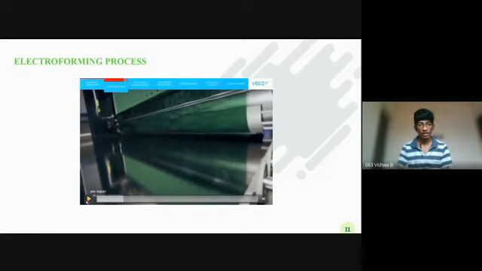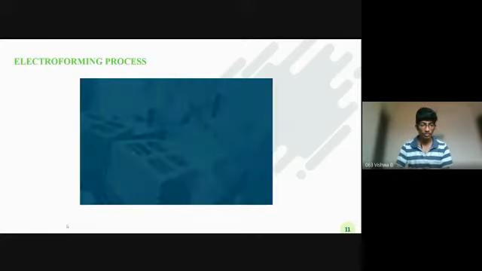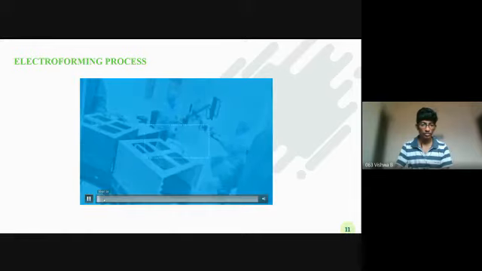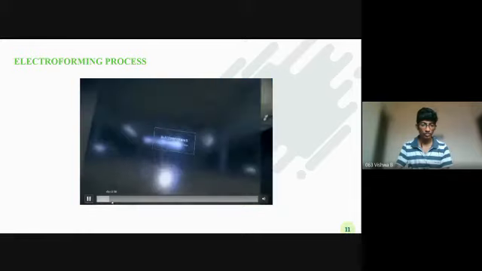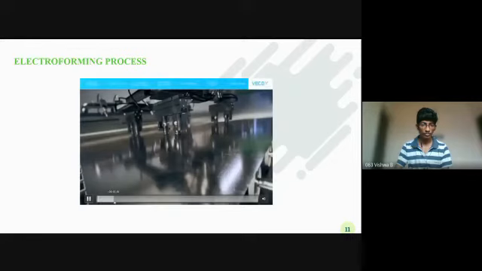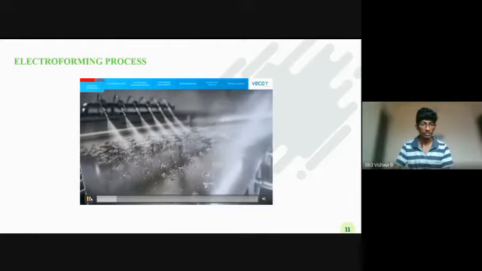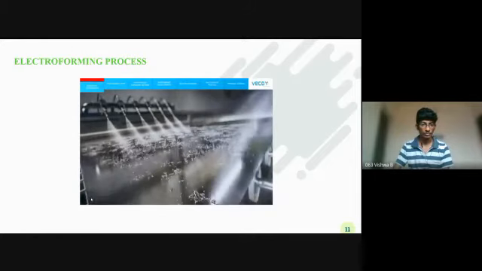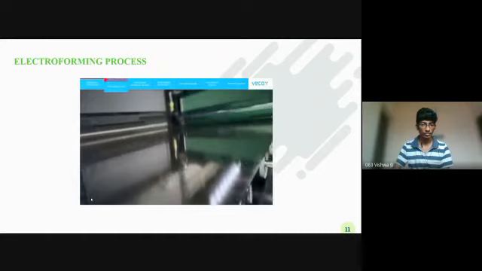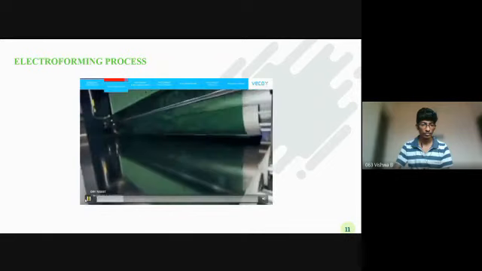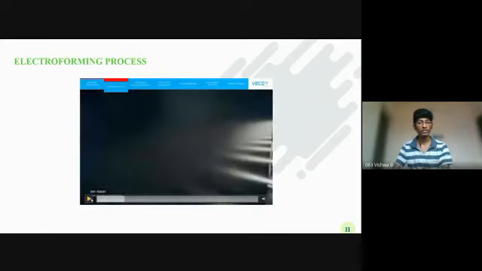It is being cleaned and dried. You can see the UV resist being applied.